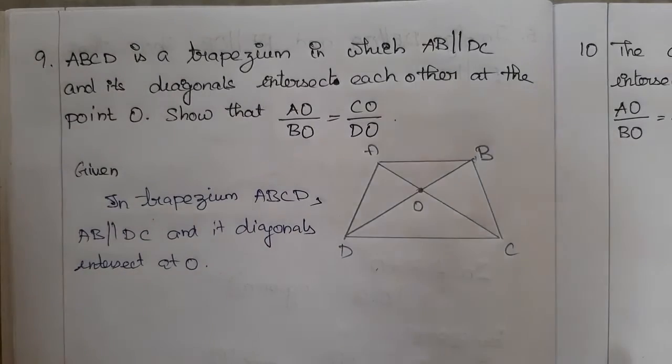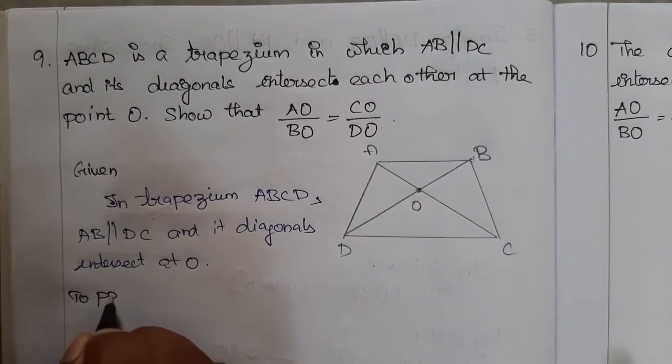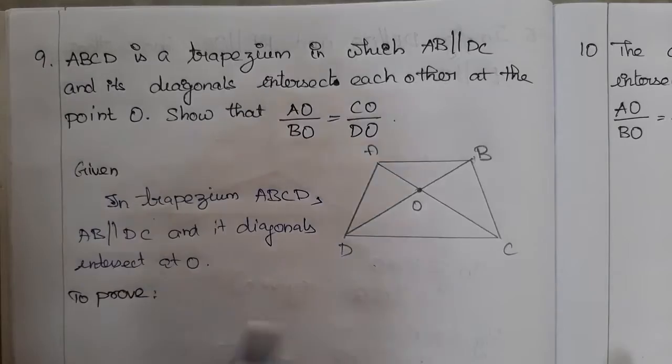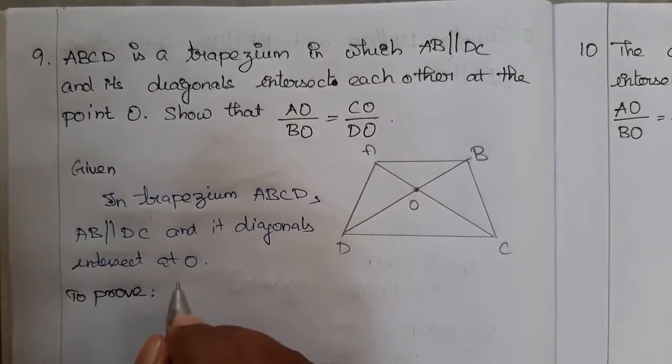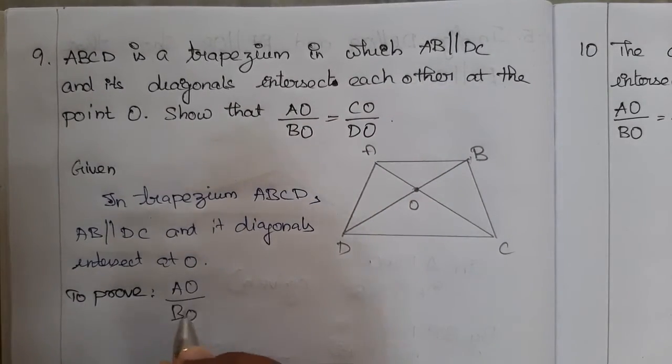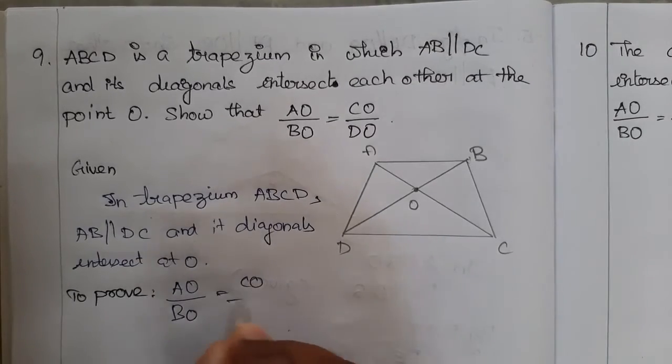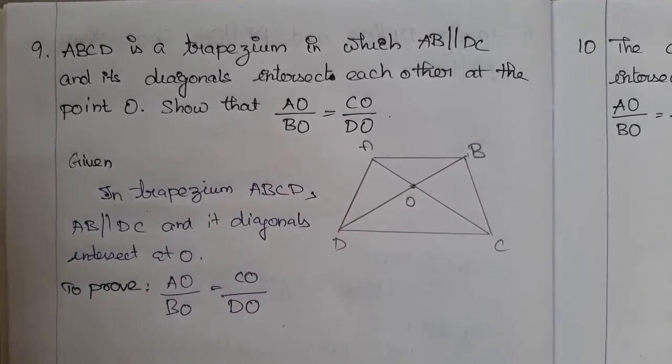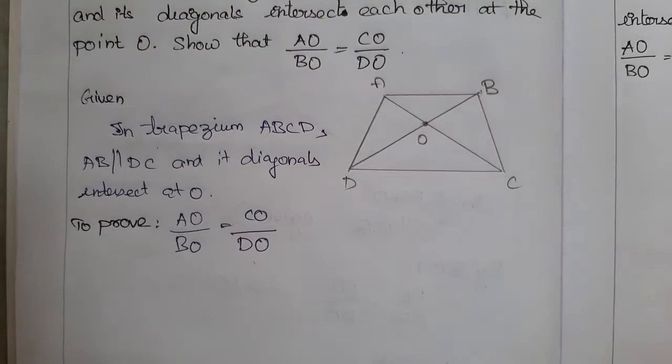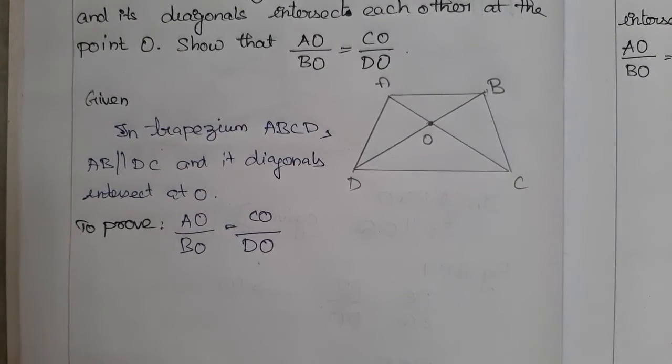So the thing we have to prove is AO by BO, which is given in the question, equal to CO by DO. So we can prove this given ratio by the BPT theorem.